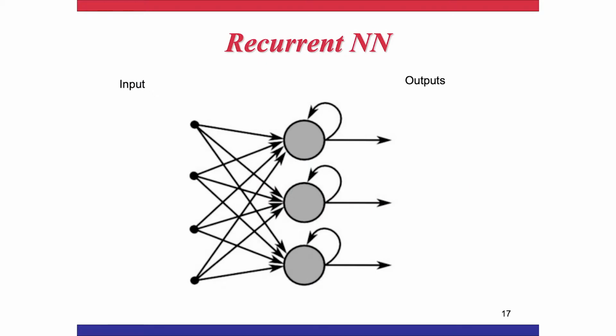Another variant of this neural network, apart from this feed-forward type, is the backpropagation type.